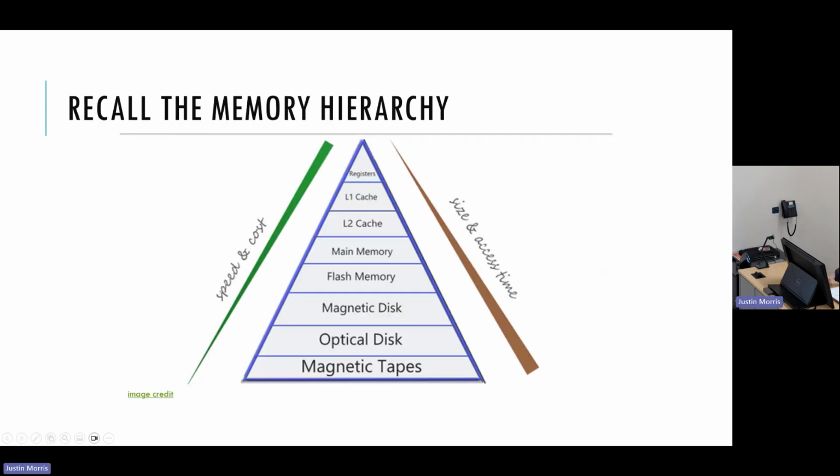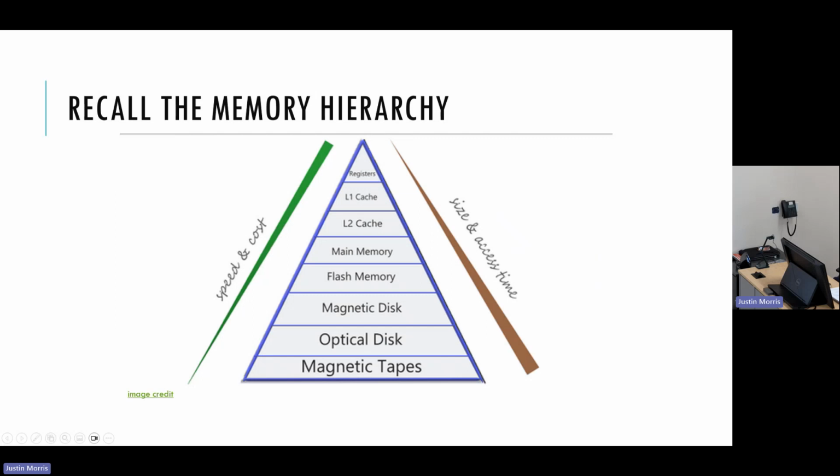So we have this memory hierarchy. We have registers and cache at the top with SRAM. It is very expensive and very small. And as we keep going down this hierarchy, we get cheaper and larger. So main memory, which is DRAM, is cheaper and more dense than the SRAM. And then we get to flash memory, magnetic disks, and then optical disks and magnetic tapes.